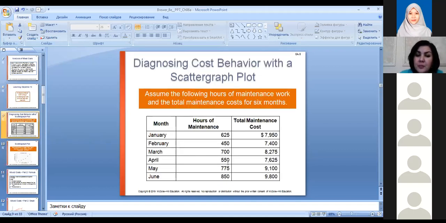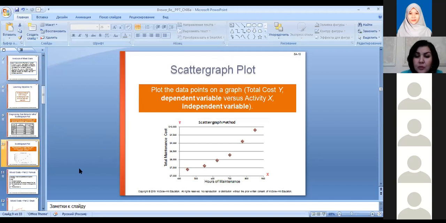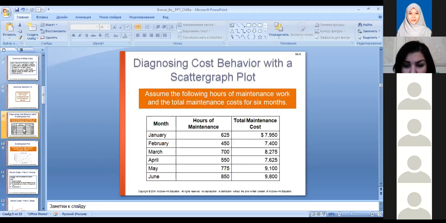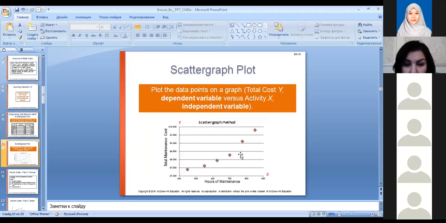For April, on the x-axis, we will find 550. On the y-axis, we will find the value 7,625. So let's plot this. 550, so it's this point, right? 550 and 7,625.